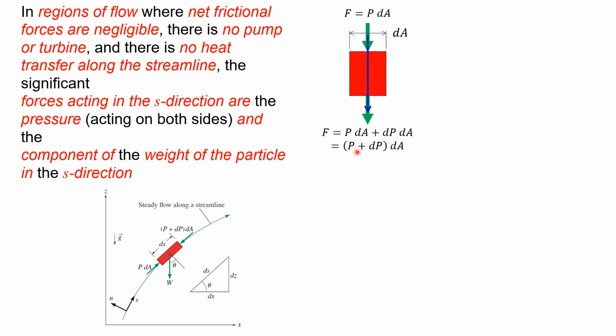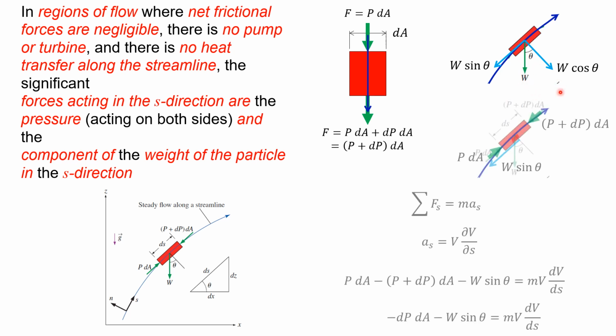The opposite part is then derived, so F equals P plus dP times dA. That's the derivation, and you will also have a weight. You'll have a sine component and also a cos component, and in between will be the resultant weight.